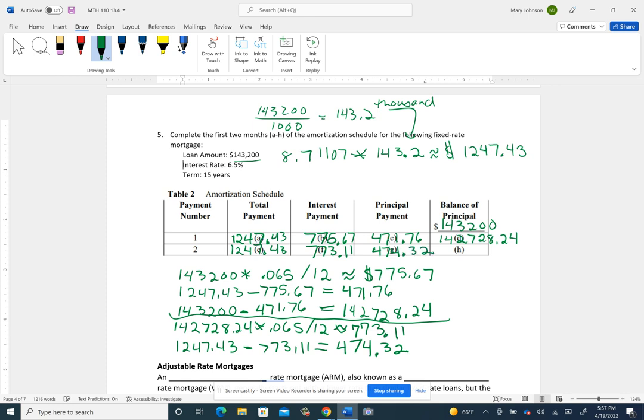So at the end of that second month, I'm going to be down a little bit. I'm going to have just $142,253.92 left to pay.